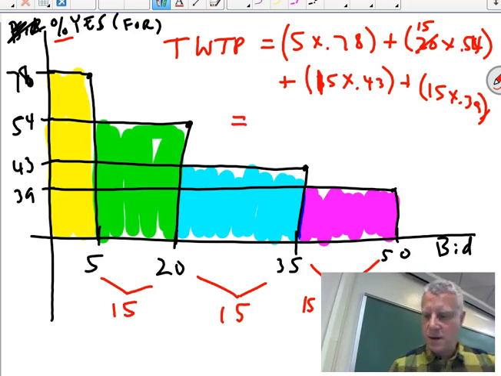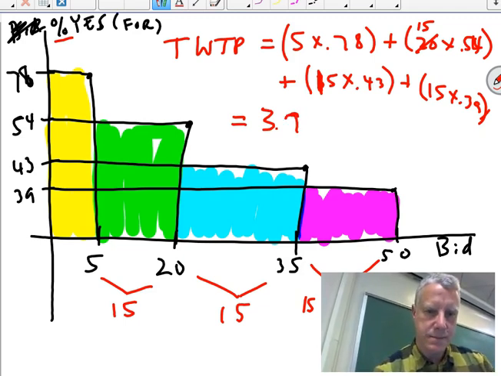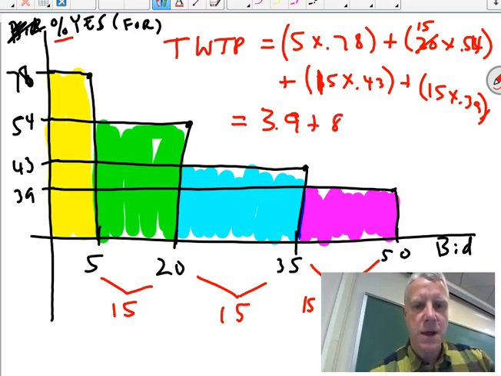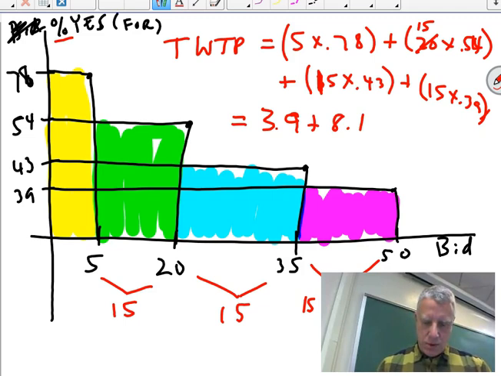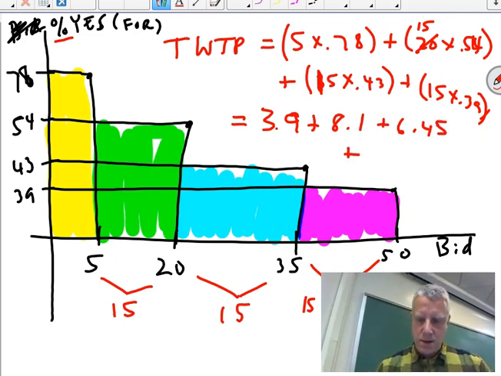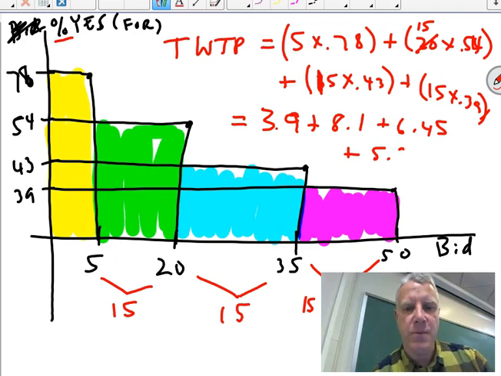Okay, so now I need my calculator. 0.78 times 5 equals 3.9. 0.54 times 15 equals 8.1. 0.43 times 15 equals 6.45, and 0.39 times 15 equals 5.85.